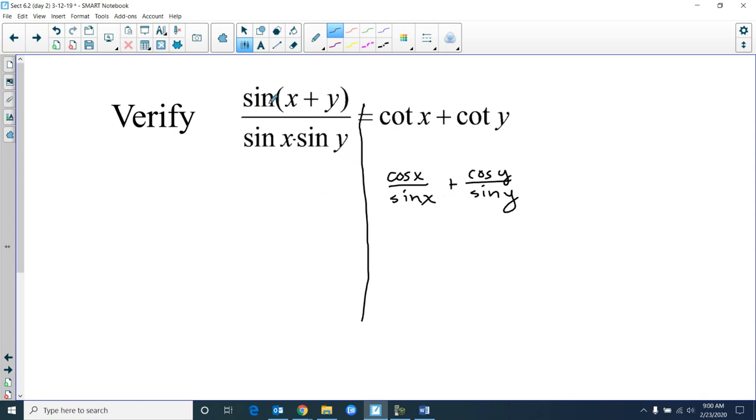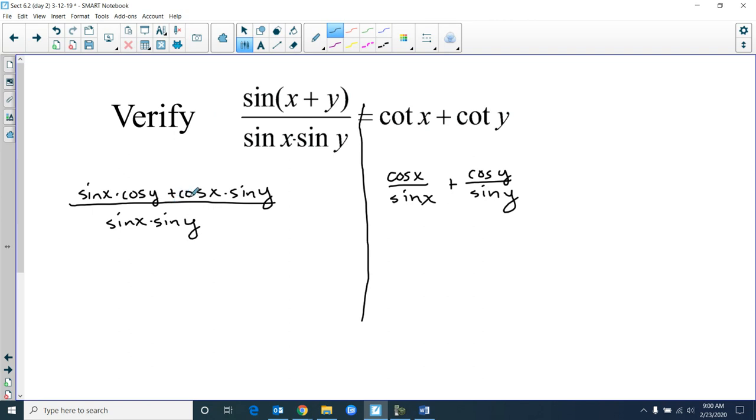All right, left-hand side. The only thing you can do, now you cannot cancel anything here. Do not try that, because this is a sign of two things. We have to use our sum formula. Well, what is the sum formula for sine of x plus y? It's going to be the sine of the first, times the cosine of the second, plus cosine of the first, which is cosine of x, times sine of the second, all over sine of x times sine of y.